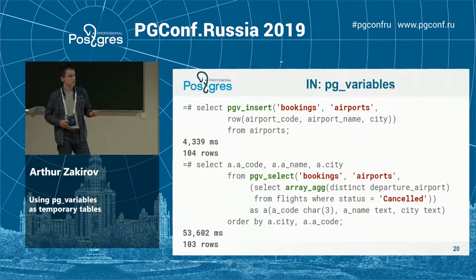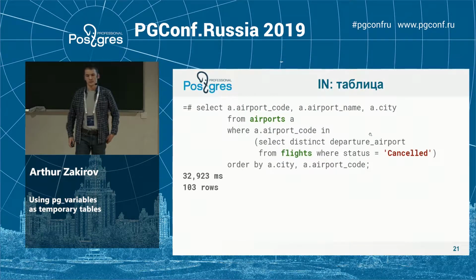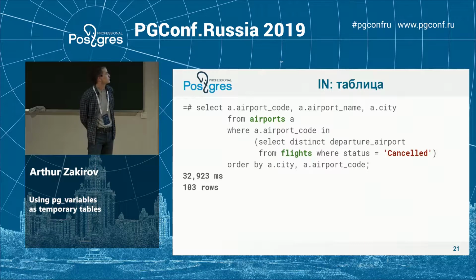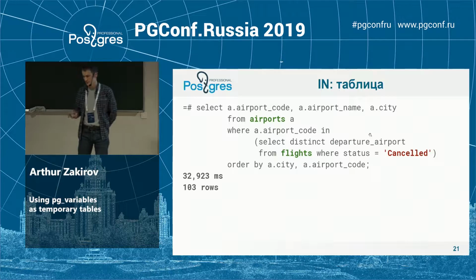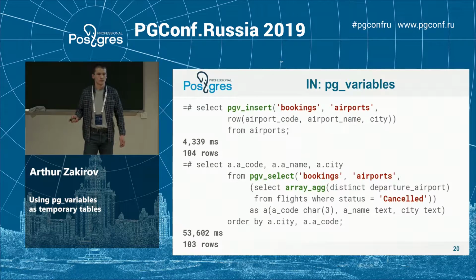For example, we can receive the airports with cancelled flights, and we can just use this join. And the same is applicable for regular tables. There is no magic inside of it. There is a subquery and the keyword in. It is executed more rapidly than PG variables. Here we have 32 milliseconds and there were 53 milliseconds.